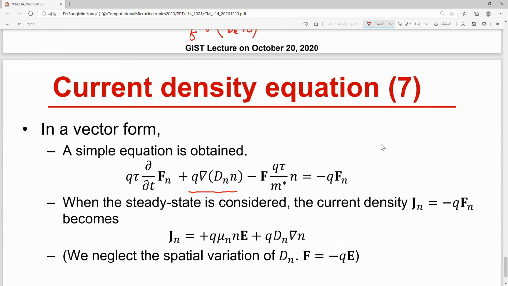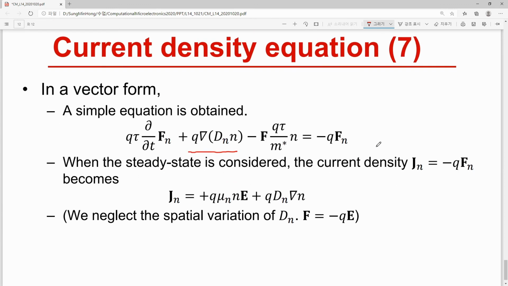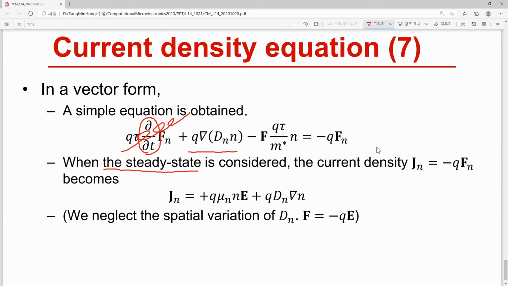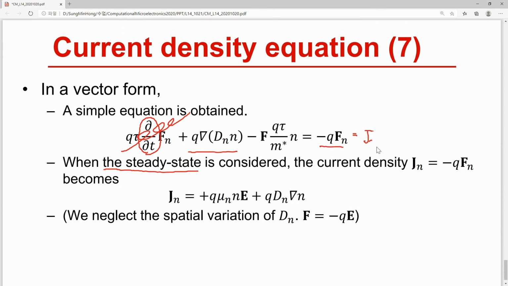That is the simplified form of our integrated Boltzmann equation, which was multiplied by the velocity vector. Now, when we consider the steady state solution, steady state means that all terms related with the time derivatives go to 0. So we have no terms related with the time derivative. Then you can see that this is nothing but just j sub n.